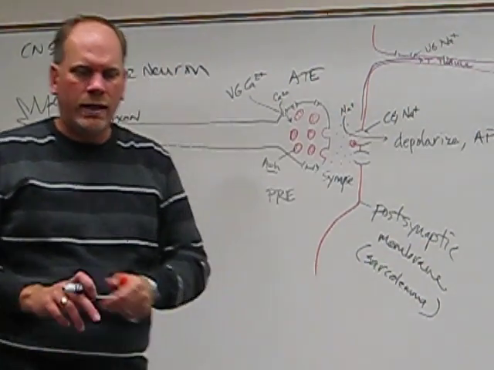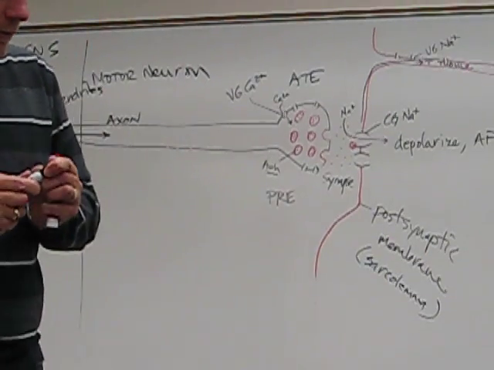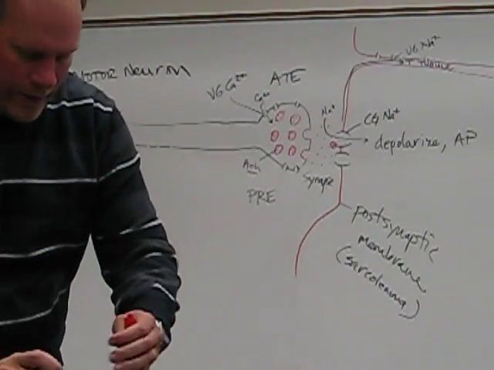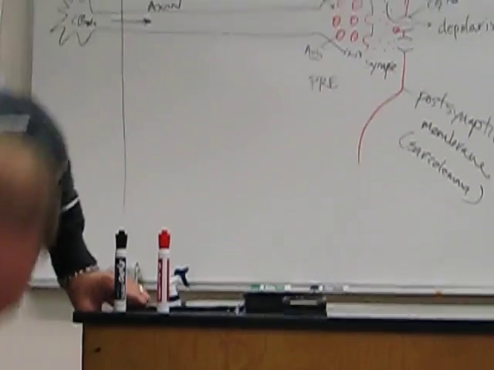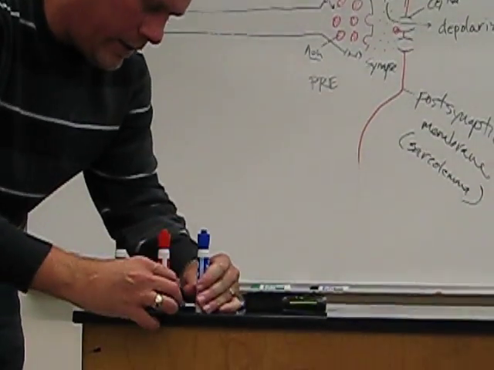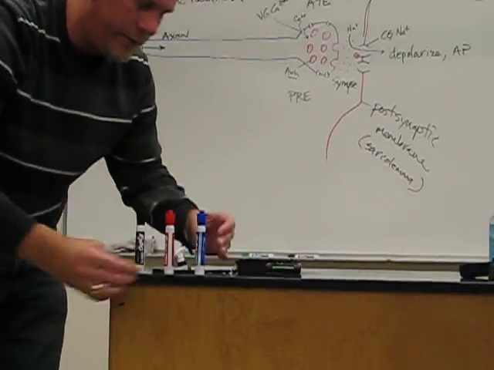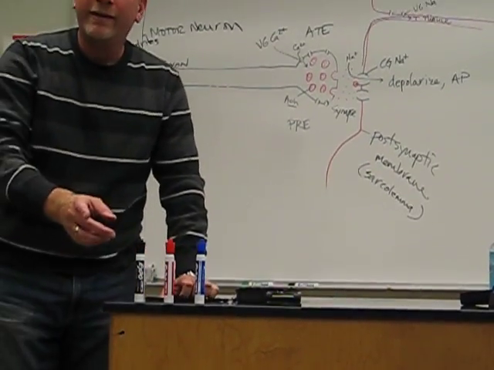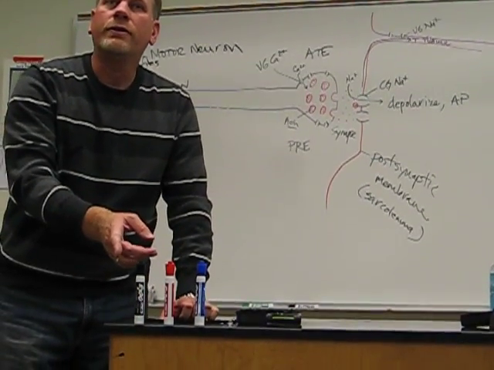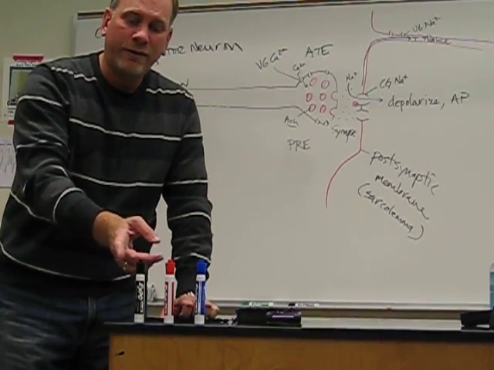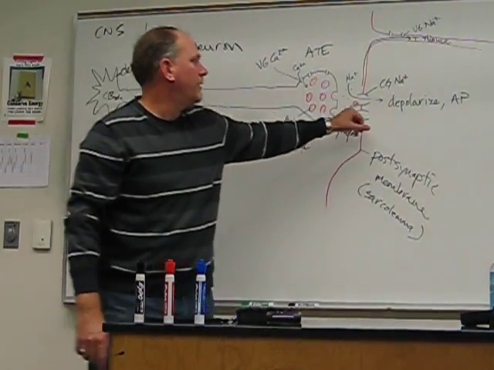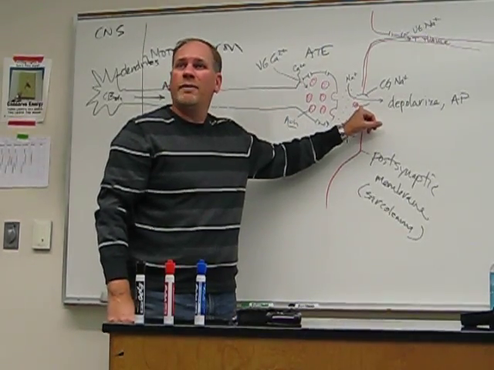All right? If I set up these pins, I don't know if I can do it. I'm going to make a mess here, but if I set these up like dominoes, and this is how the channels are set up in our system, all you need to do is knock over the first one, conceivably. Y'all with me on that? The first one, the trigger, is the chemically gated channel.